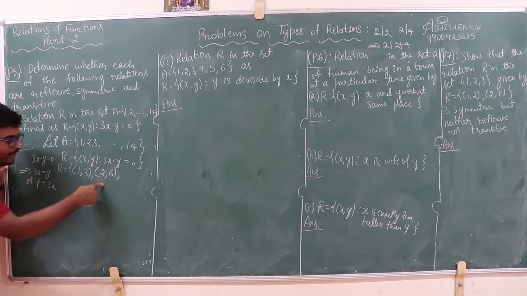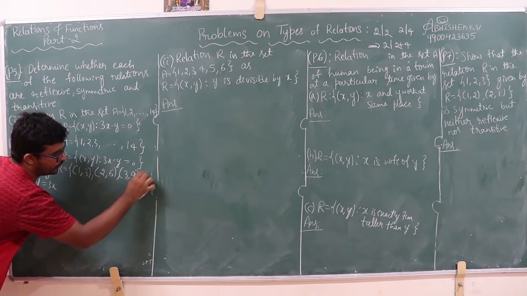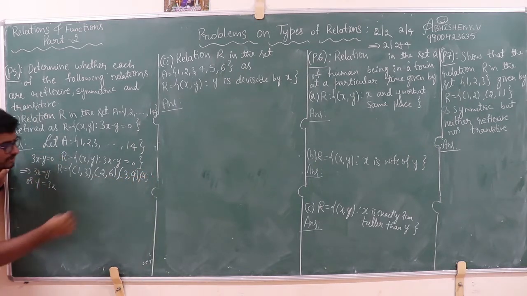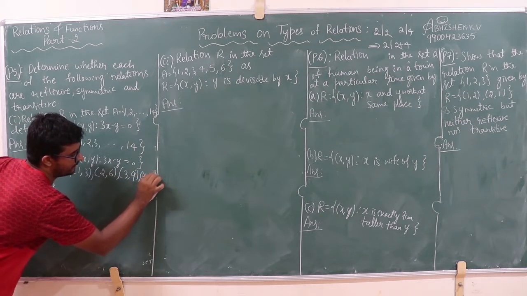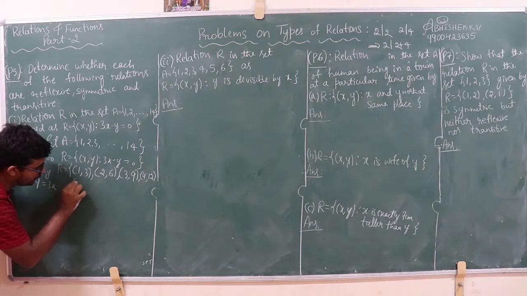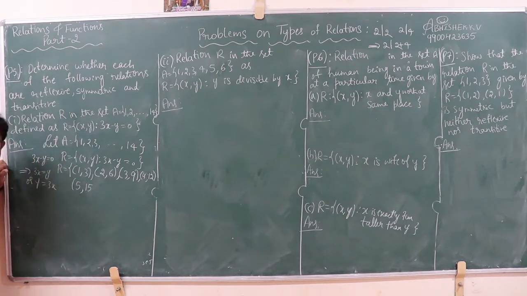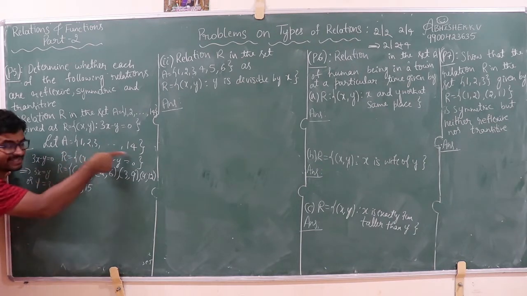This is the second ordered pair. If I put x is equal to 3, y is equal to 9. If I put x is equal to 4, y is equal to 12. If I put x is equal to 5, y is equal to 15. Then the question is, does 15 belong to this set?